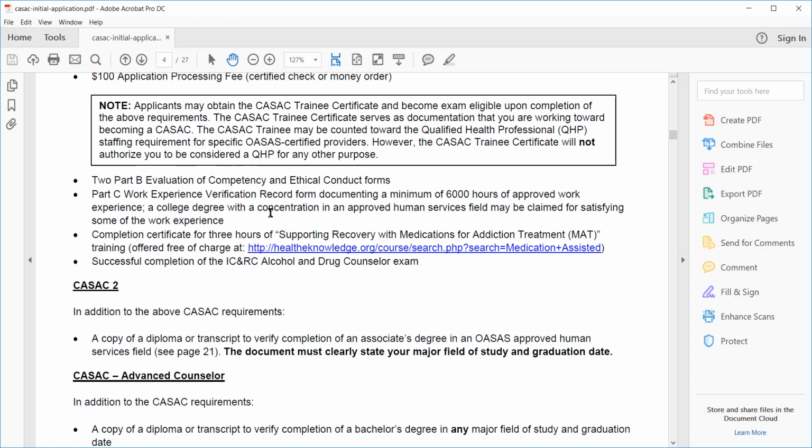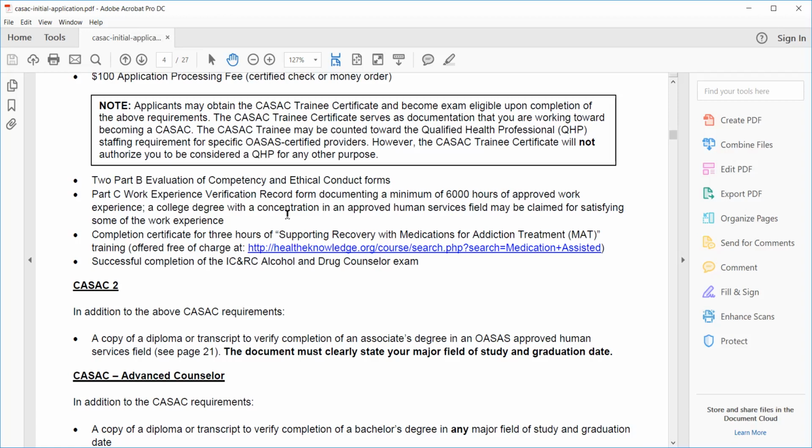And we talked a little bit about this: once you have your associate's degree from Hudson Valley in chemical dependency, that will knock off 1,000 hours of that. If you go on and get a bachelor's degree in a field that is accepted by OASAS, that will knock off 2,000.